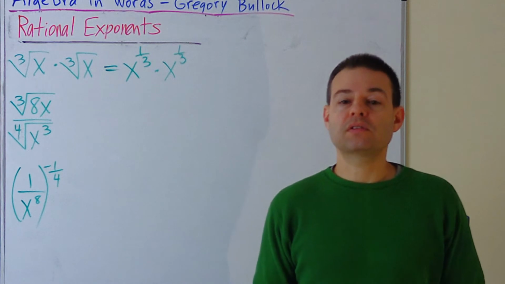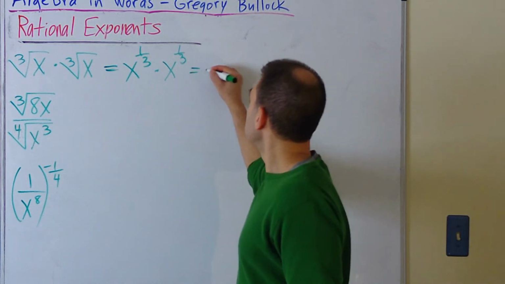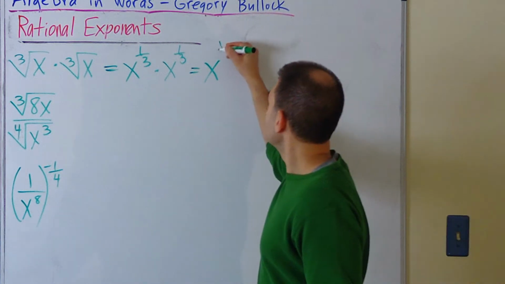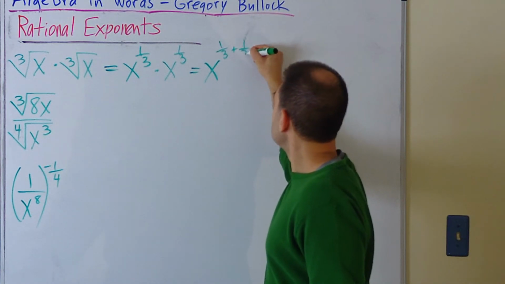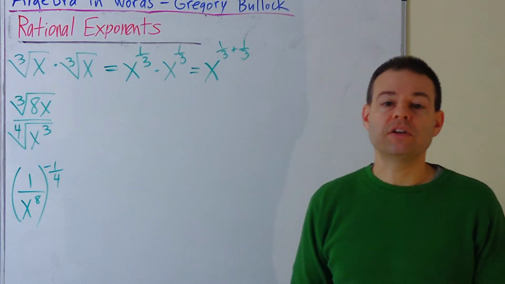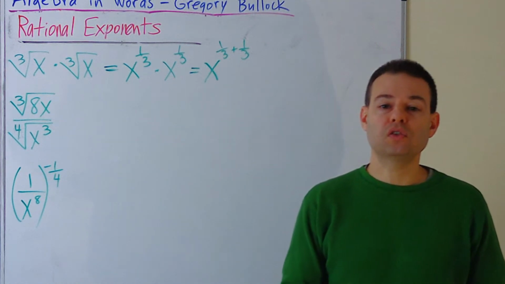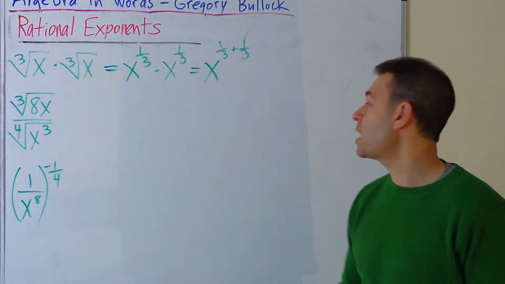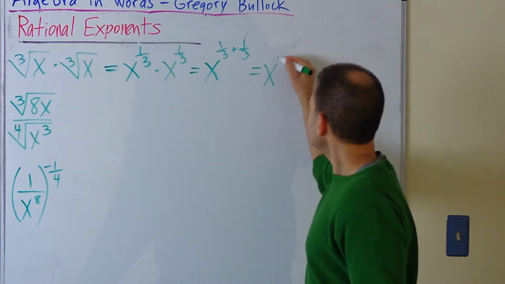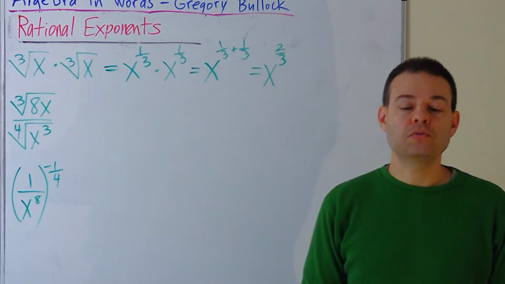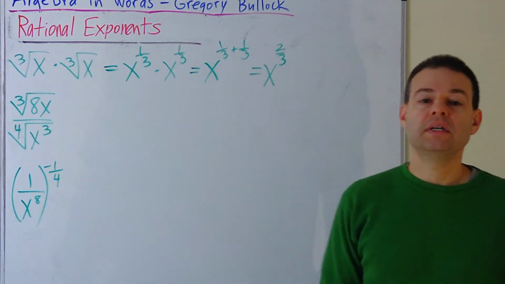So this is going to be like adding x and 1/3 plus 1/3, which I'm going to show like that as an intermediate step. And then we add across the numerators, so the 1 plus 1 is 2, and we keep the common denominator 3 the same. And that's how we get x to the 2/3 for this one.